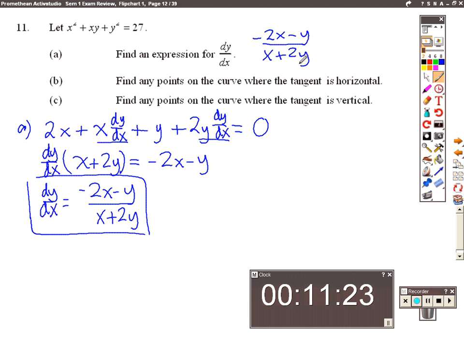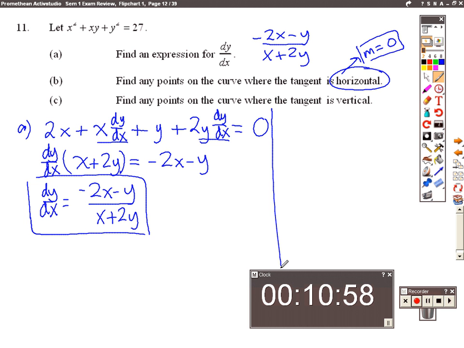Now for part B, they're asking me to find any points on the curve where the tangent is horizontal. In other words, if you have a horizontal tangent, then the slope of that line would be 0. So what we're really looking for is when is the slope of the tangent line to this curve equal to 0. Now hopefully you remember, and if not, you can go back and review your packets, that if the derivative is going to be 0, here's my derivative up here.